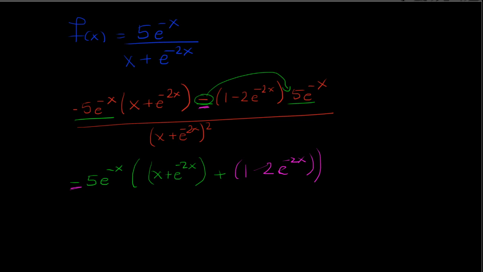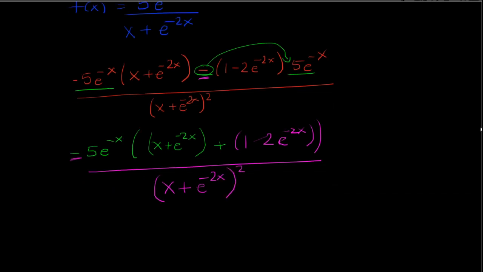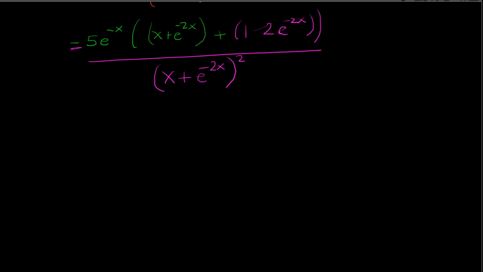And that's going to be all over x plus e to negative 2x squared. Now I just want to simplify. So I have 5e to the negative x. And then there's an x here. There's a 1 here.